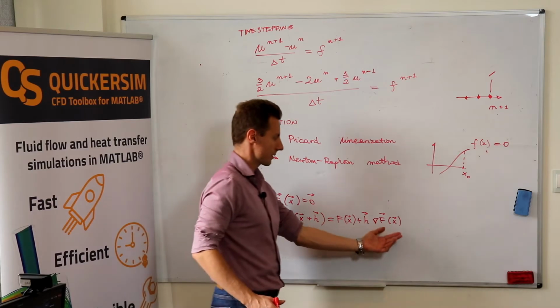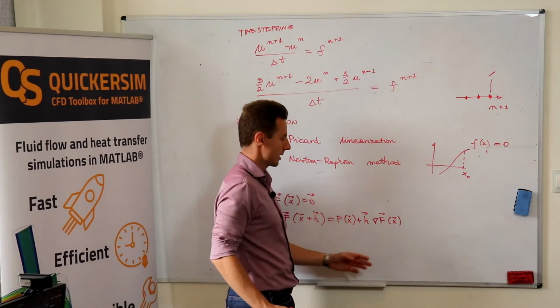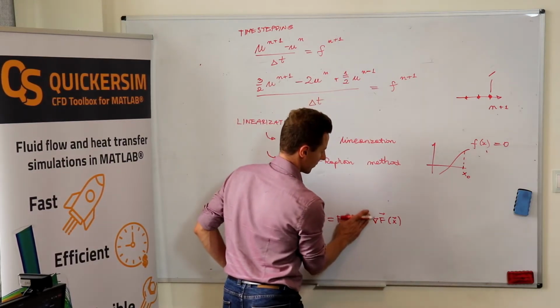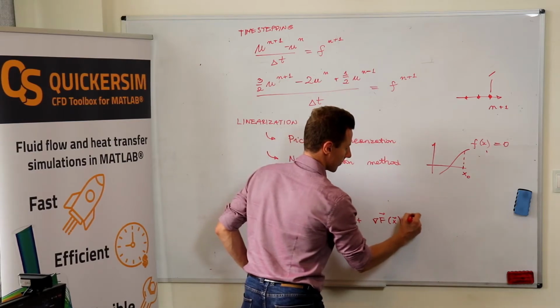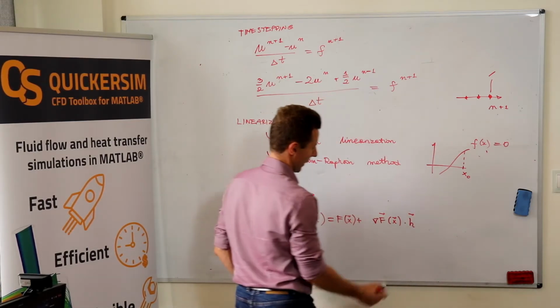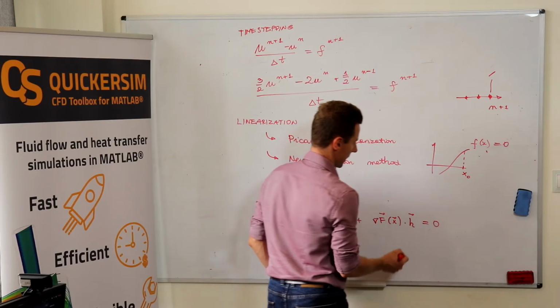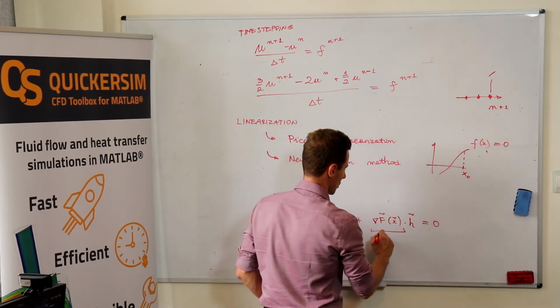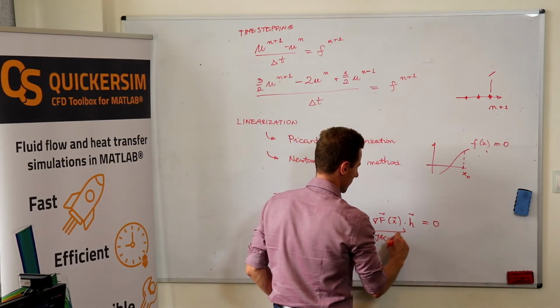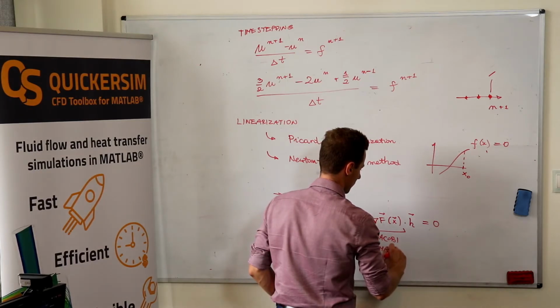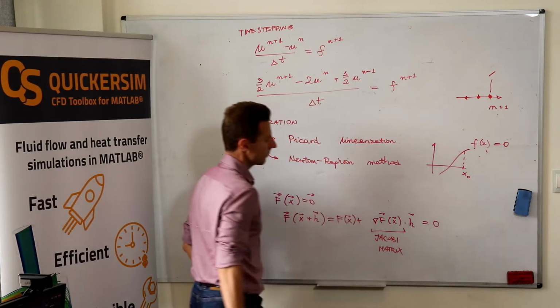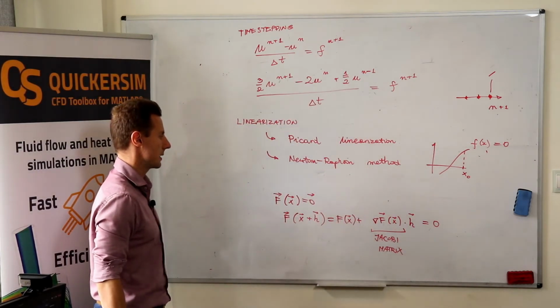So it's like, say, 10 by 10 matrix. It's nothing else than the Jacobi matrix.